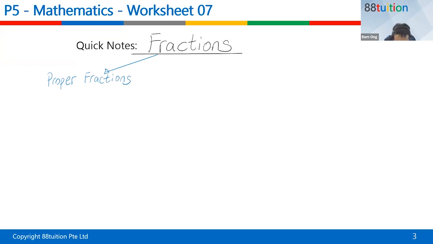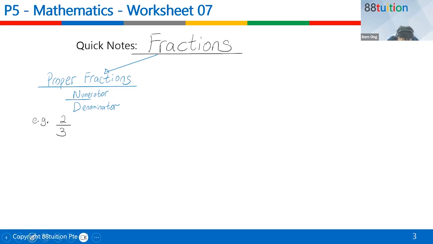It means that the numerator, the number on top, is always smaller than the denominator. For example, you have things like 2/3. Can you see now?